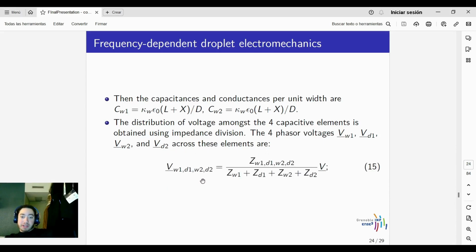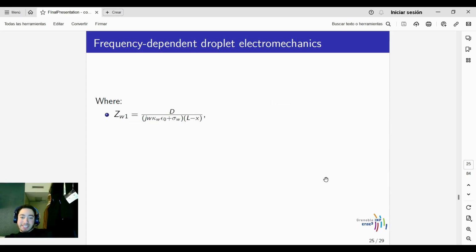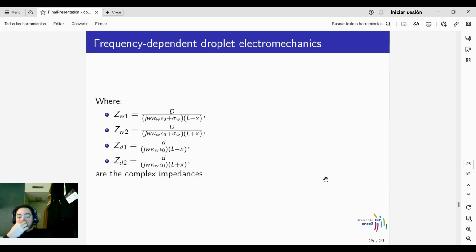We can define them as a function of Z, where Z are the complex impedances of each one of the elements. Just to remind, the impedance is defined as the resistance of a material to AC voltage.